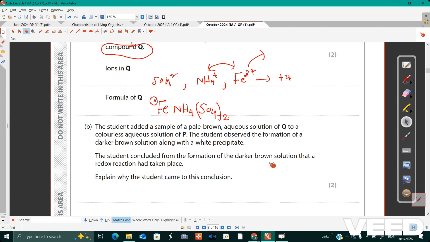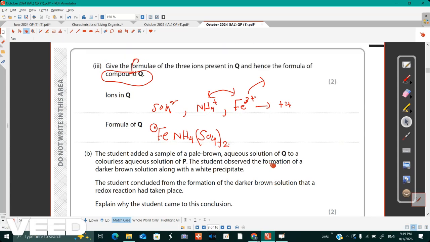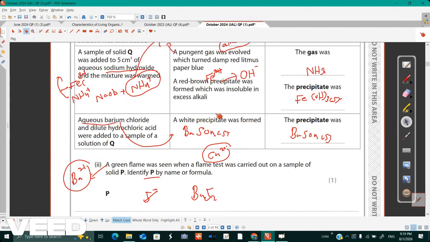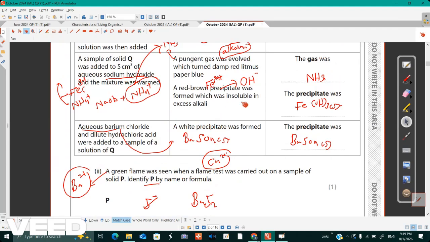A student added a sample of pale brown aqueous solution Q to a colorless aqueous solution P. Here they said a precipitate was formed, which was insoluble.